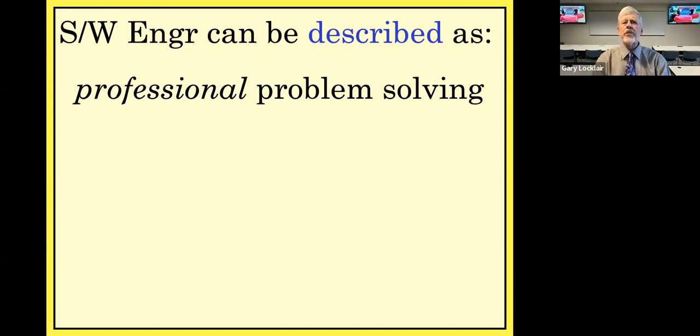Software engineering is professional problem solving. Careful, this is a description. This is not a definition. Many things can be described as professional. Many vocations and careers could be professional. And of course, in many different jobs, you're solving problems. So this is a description, not a definition.